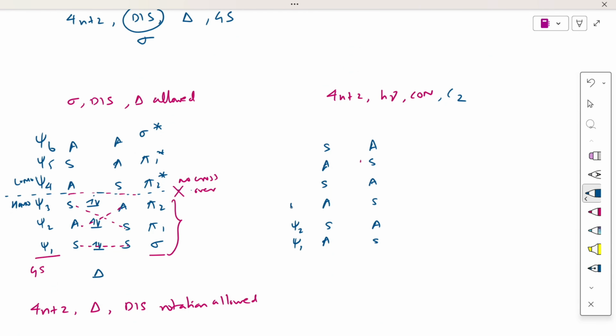Xi1, Xi2, Xi3, Xi4, Xi5, Xi6. This is sigma, pi1, pi2, pi2 star, pi1 star, and sigma star. Now in photochemical condition, the electrons will go from the ground state to the excited state.